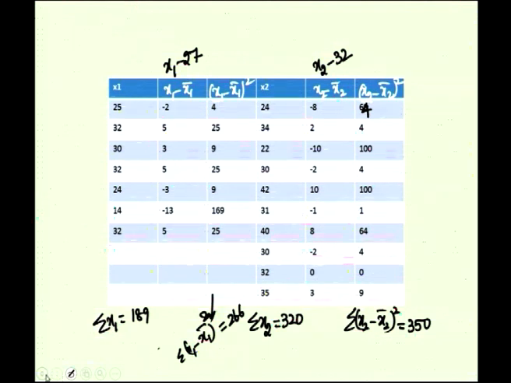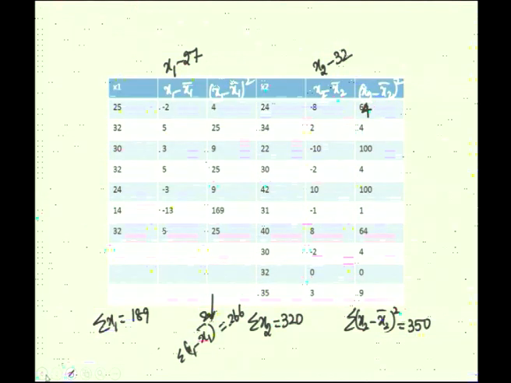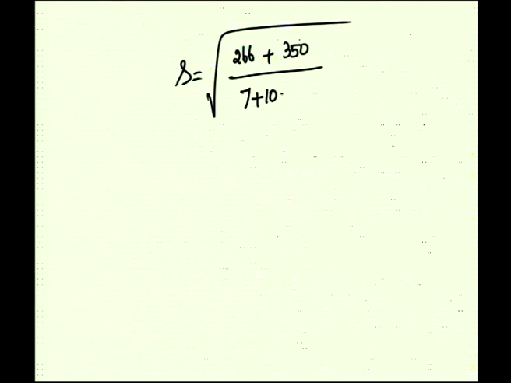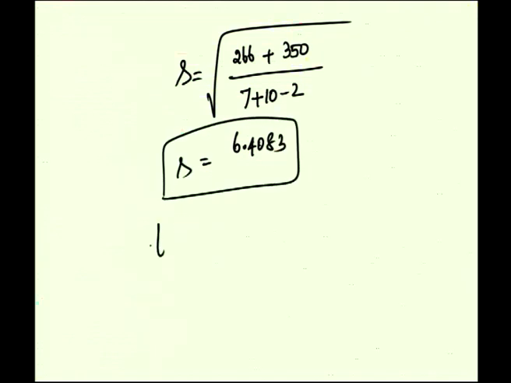Now substitute all these values in S. Therefore, S is equal to root of 266 plus 350 divided by 7 plus 10 minus 2, which is equal to 6.4083. This is your S value. Substitute in t.